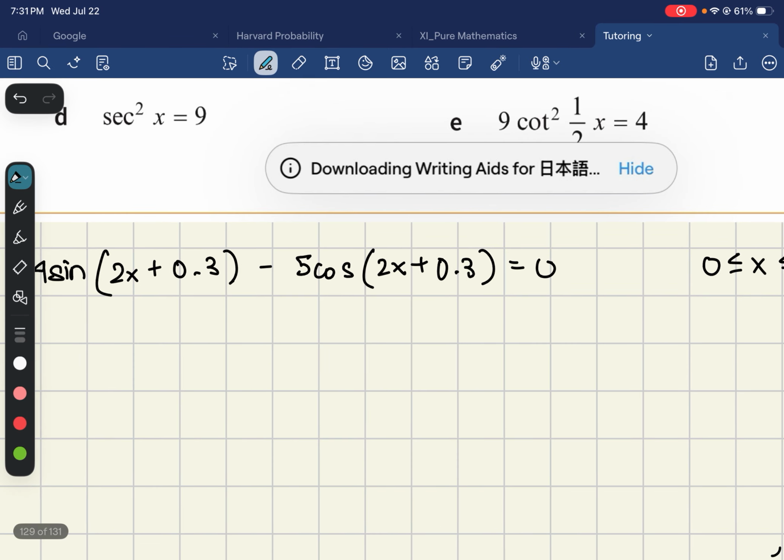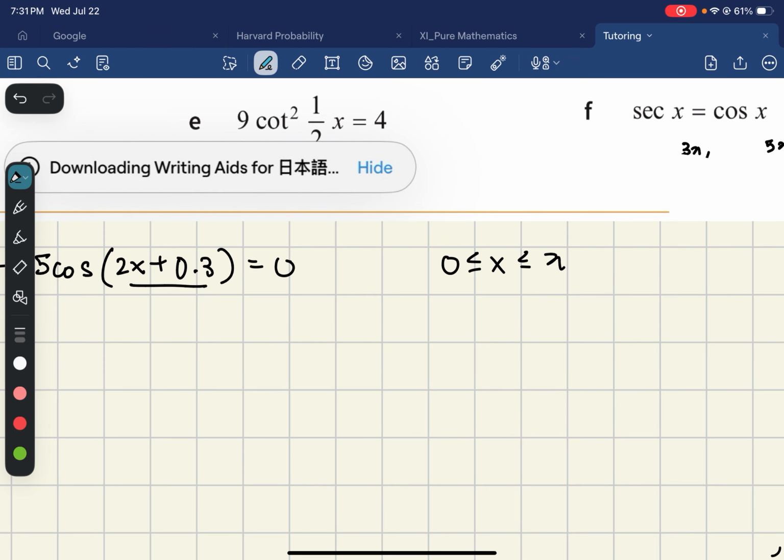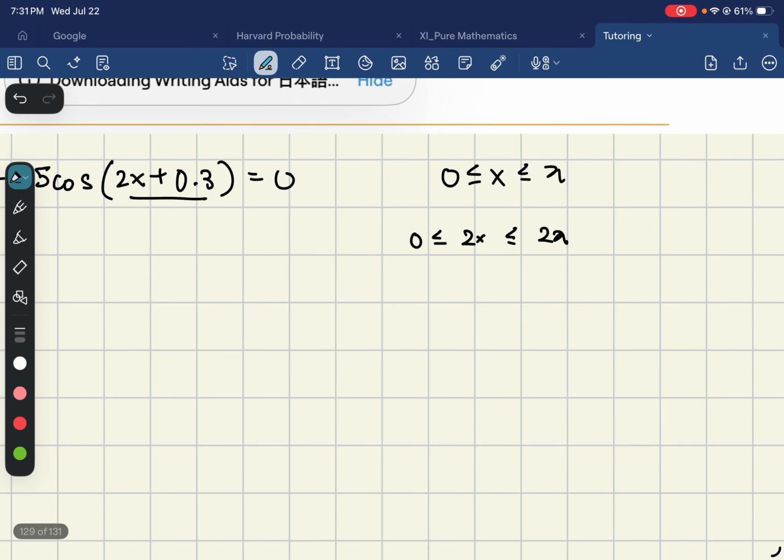So let's just say that 2x + 0.3, so we are working with this. So let's look at the inequality in terms of that. If I have the inequality in terms of 2x, it's going to be this inequality, right? I just multiply everything. And now if I add 0.3 to my inequality, I get something like this. And this I'll just rename to be u.